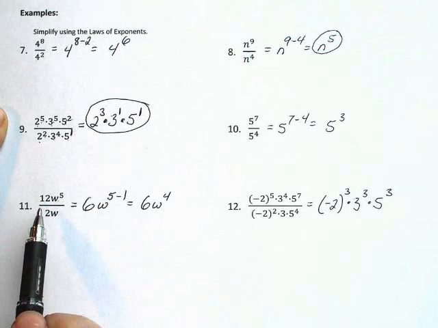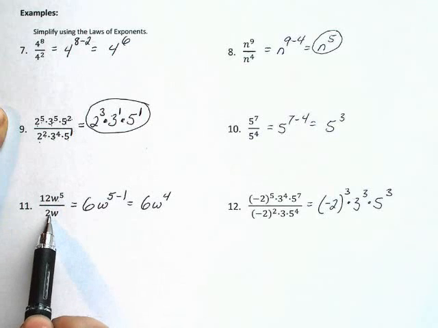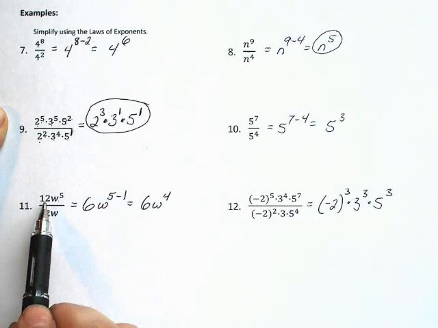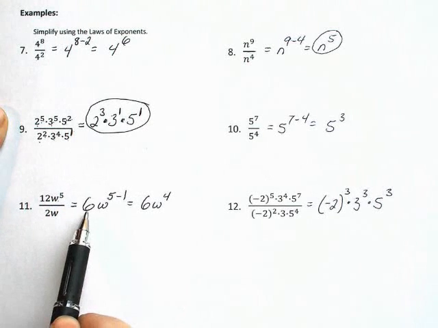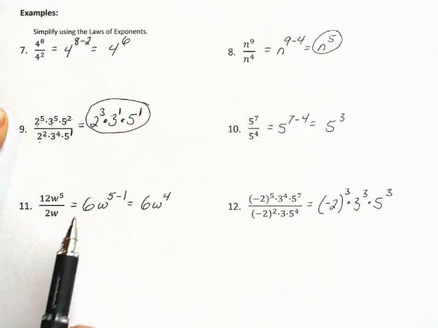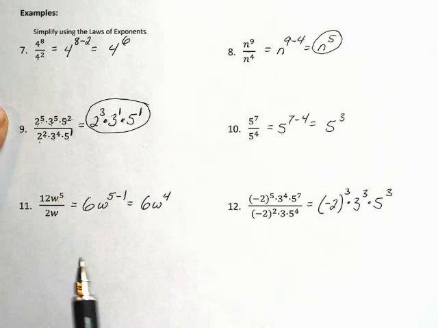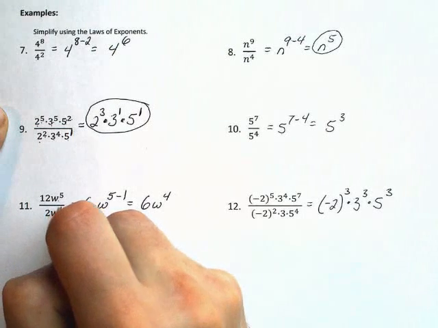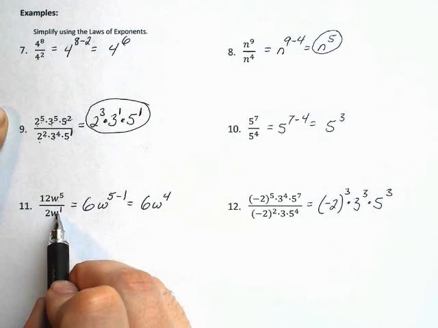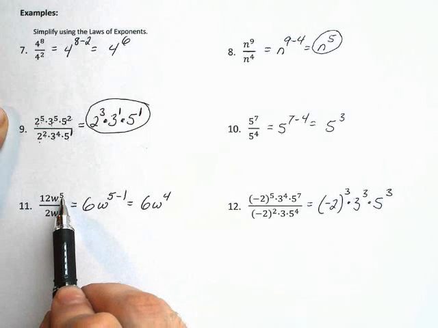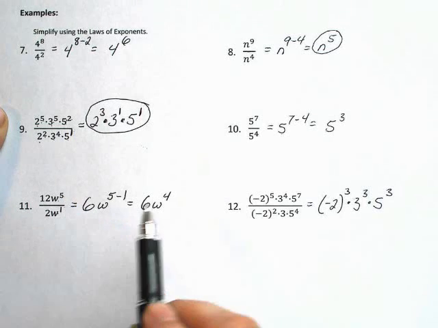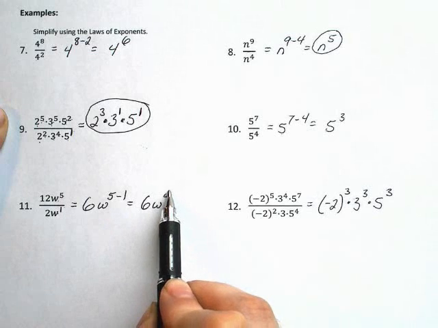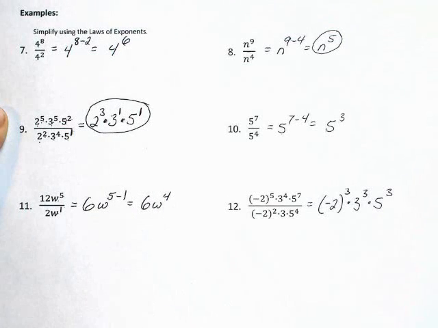And so to begin this problem, I first divided the coefficients, just like normal math. 12 divided by 2 makes 6. And then to work with the powers, used the quotient of powers law. So this w has an exponent of 1 on it to indicate there was 1 w there. And then I'm able to subtract 5, subtract 1 to get this exponent of 4 in the answer.